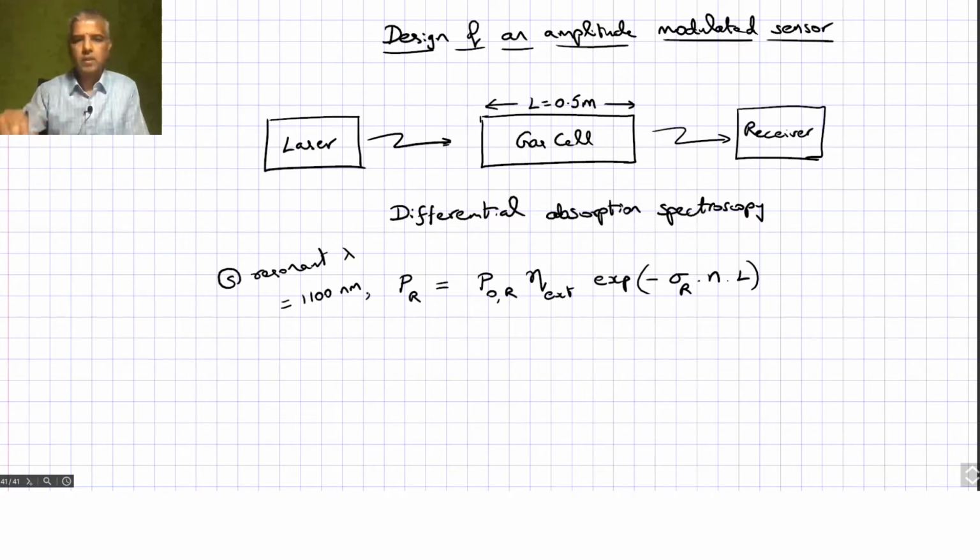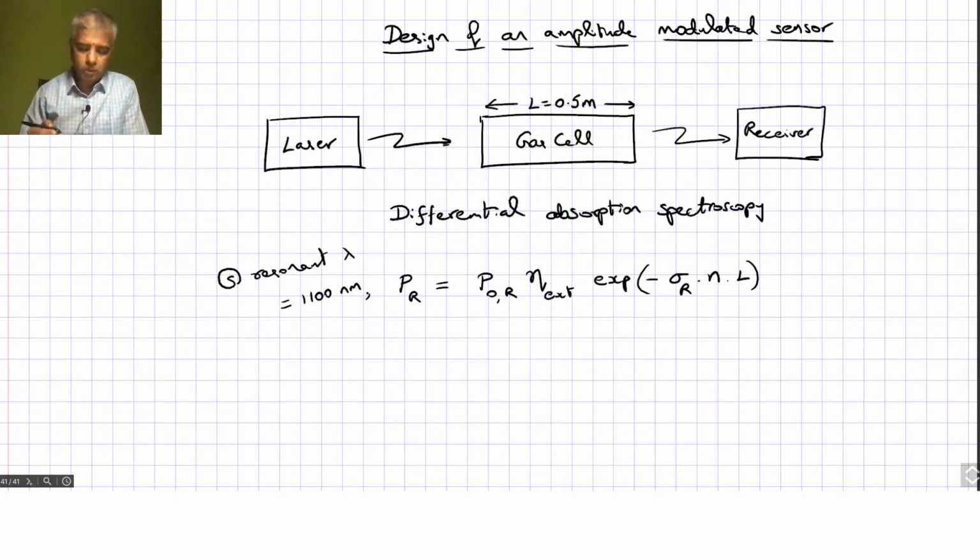We are interested in picking up nitric oxide in this gas cell, so we are looking at a resonant wavelength of 1100 nanometers.